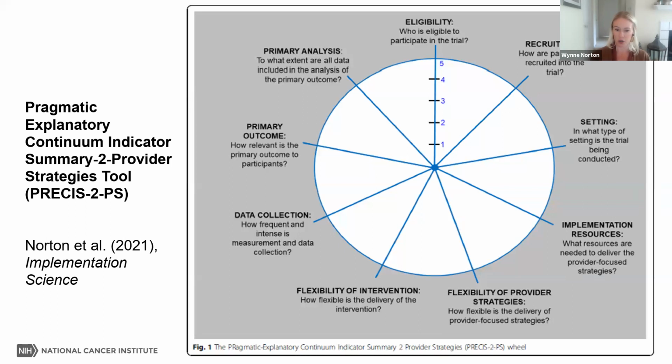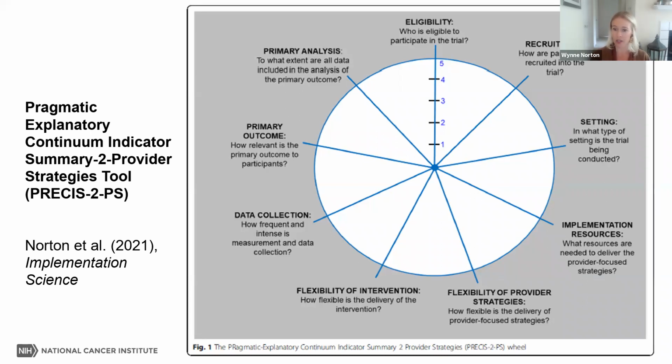The PRECIS-2 website has, I think you need to set up a login and username, a compendium of over 500 registered clinical trials in a lot of different settings. And I believe there is a relatively recent review of what types of trials this tool, PRECIS-2, has been used in. So it has been used far beyond primary care.